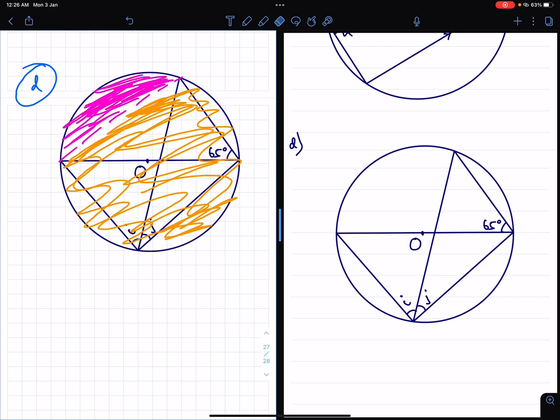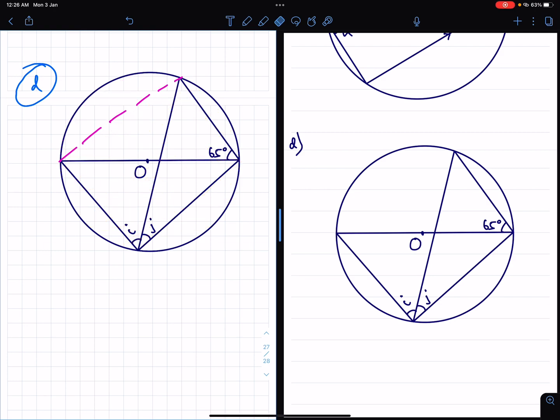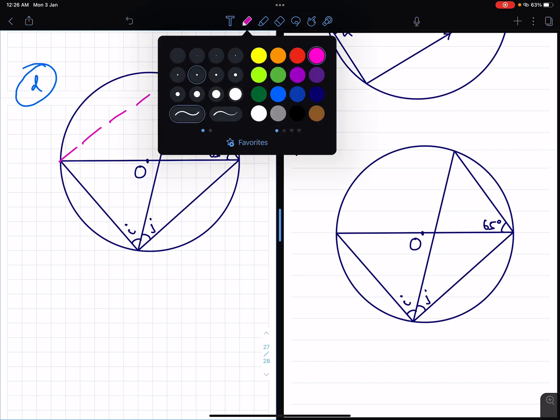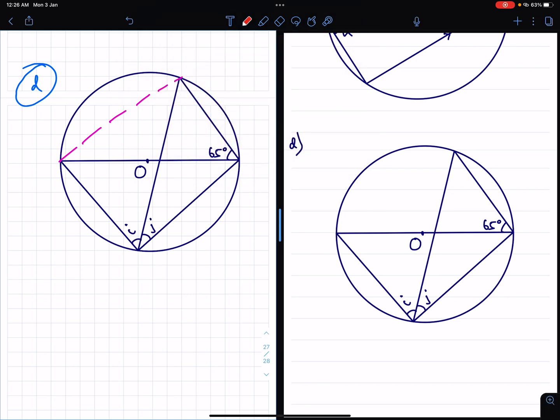So the angles in the same segment are equal. All the angles in the major segment are going to be equal, and we know the trick for identifying the angles in the same segment. I can see that this line and this line form a triangle with the pink chord, and this line and this line also form a triangle with the pink chord.